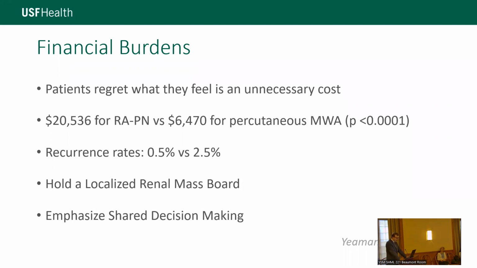And their conclusion was that by holding a localized renal mass board similar to a tumor board and discussing which patients are best candidates for which treatment, and then using that information to educate their patients and allow them to make shared decisions, that was their positive solution to this.